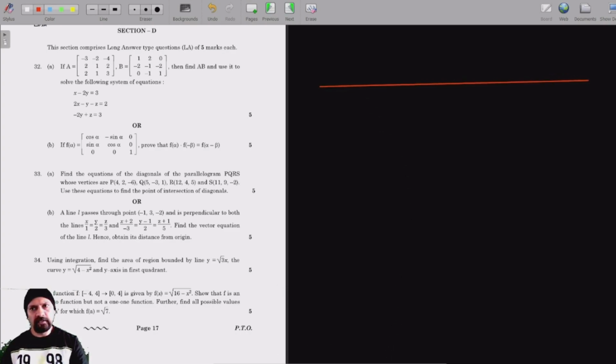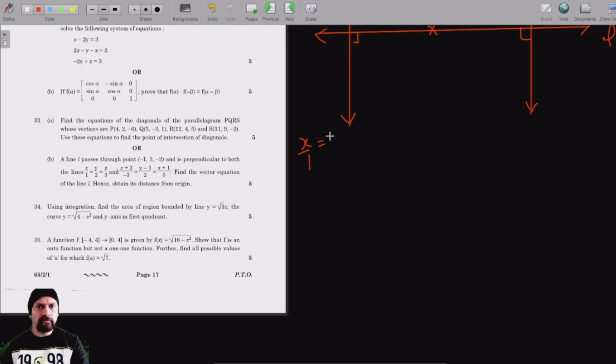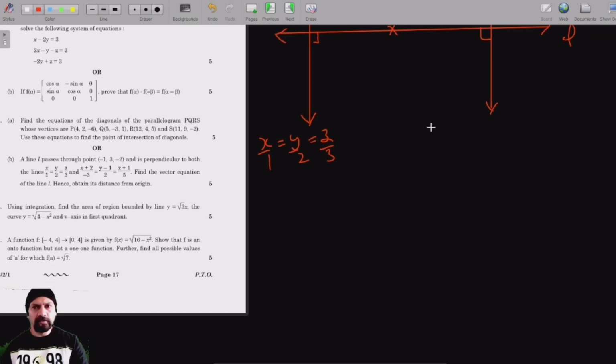So there is a line L that is perpendicular to two lines, and this line L is passing through (minus 1, 3, minus 2). The lines are x by 1 is equal to y by 2 is equal to z by 3, and x plus 2 by minus 3 is equal to y minus 1 by 2 is equal to z plus 1 by 5.